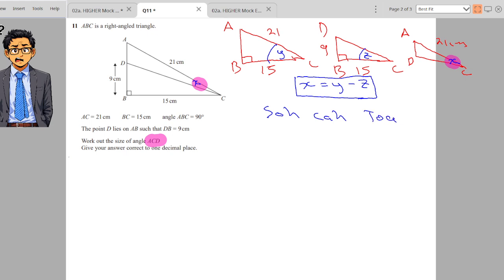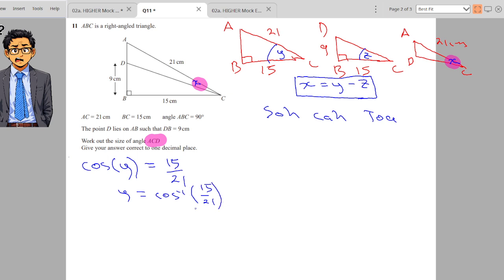To work out the angle Y, we have the adjacent and the hypotenuse, so I'm using cosine. So cos of Y is going to give you 15 over 21. And then I'm using the inverse function of cosine, cos inverse of 15 over 21.